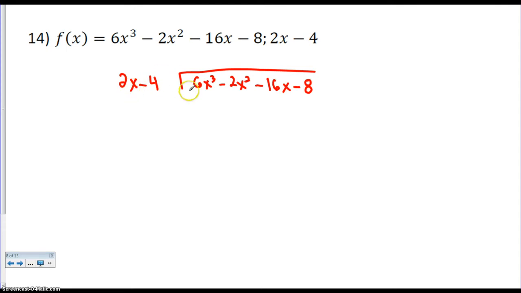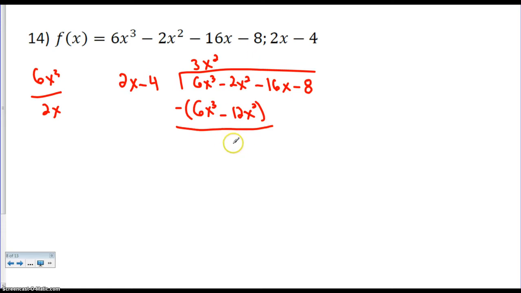We take 2x times what gets me 6x cubed, or 6x cubed divided by 2x gets me 3x squared. Then multiply 3x squared by both of those, so I get 6x cubed minus 12x squared. When I subtract those, I have 10x squared minus 16x.